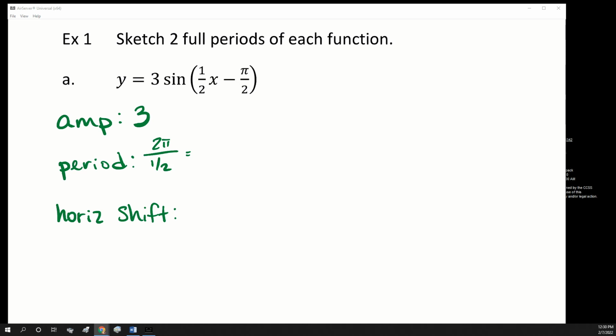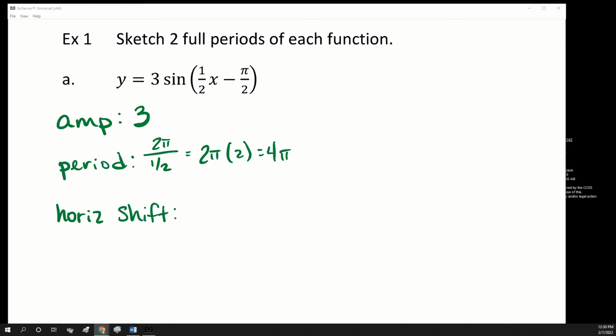Now, dividing by 1/2 and taking 1/2 are not the same. So when you're dividing by 1/2, what do you do? Yes, multiply by the reciprocal. So the period in this case is going to be 4 pi. So it's going to take the distance of 4 pi to complete a period of sine.